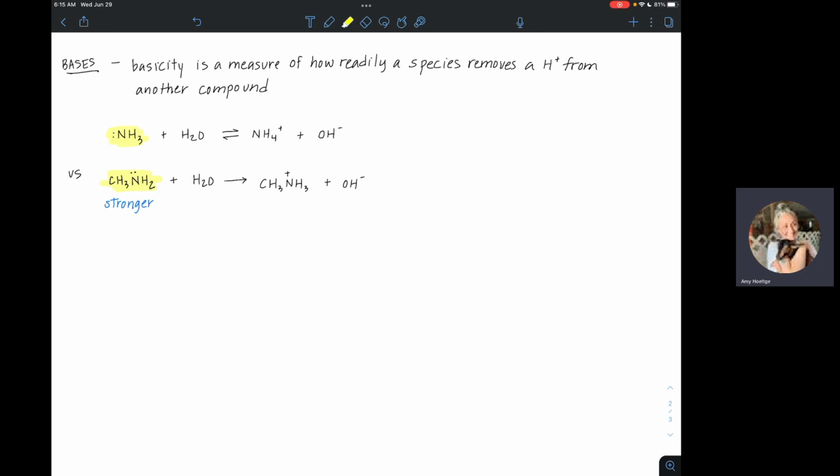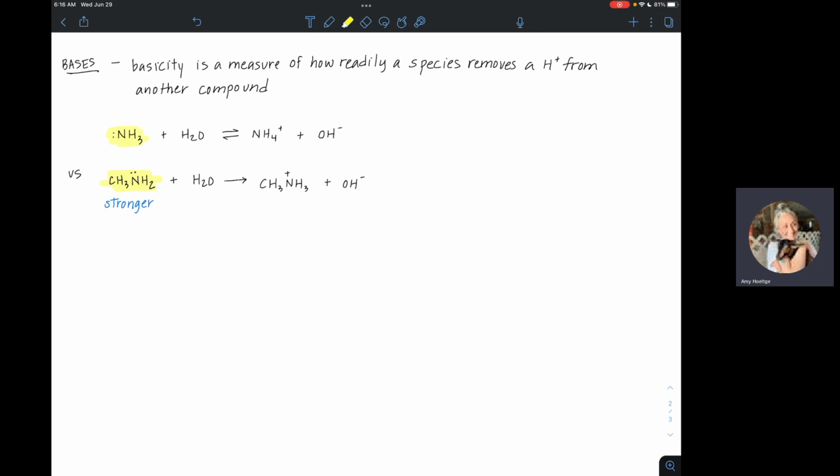We want to help pour electron density into the nitrogen. This is called an inductive effect, where these electrons are imagined to be streaming in toward the nitrogen, bolstering that partial negative charge, and making that lone pair juicier for attacking an acidic hydrogen on another molecule.